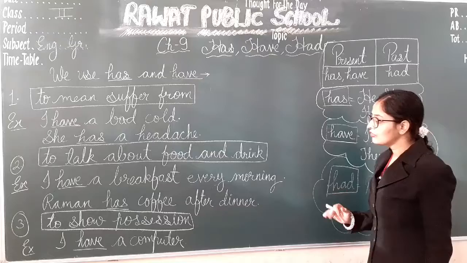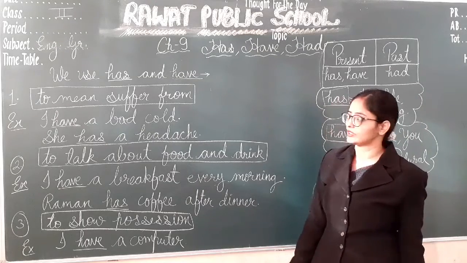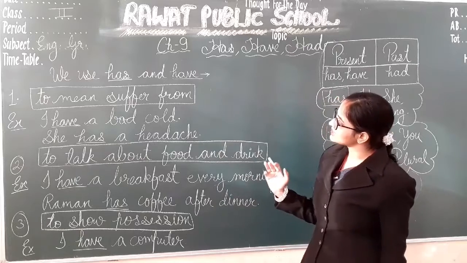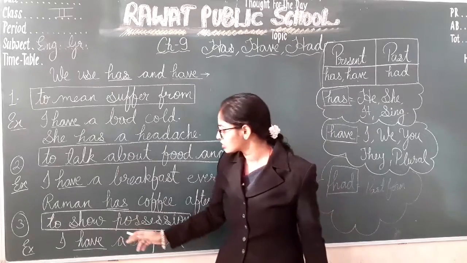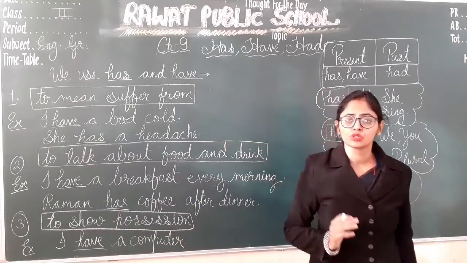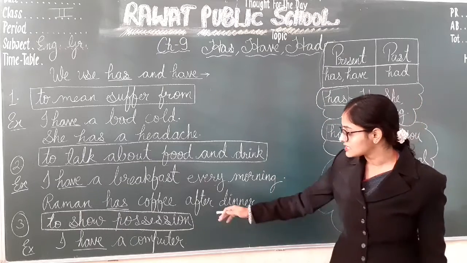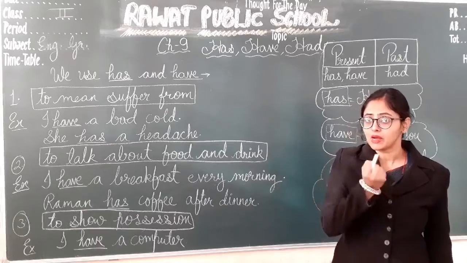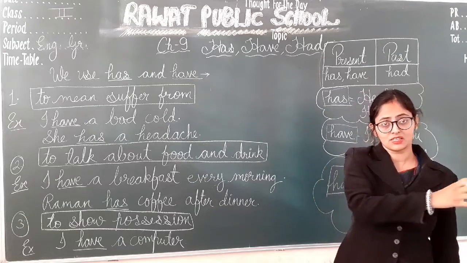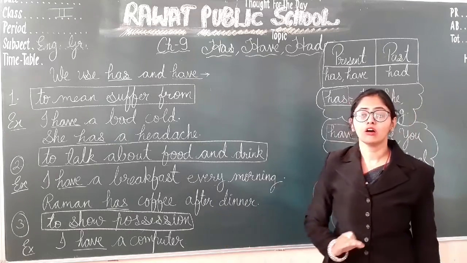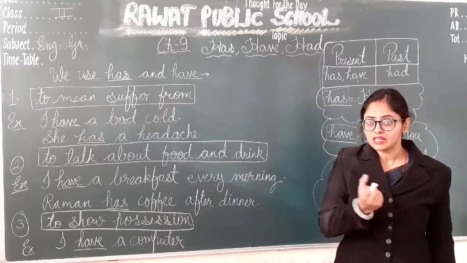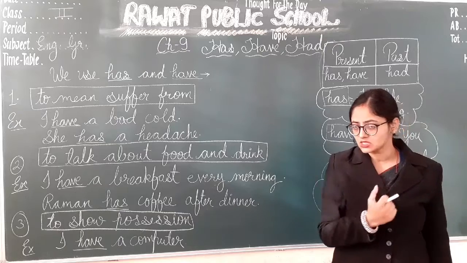Understand? Now we will see the third point, that where you can use has or have. We use has and have to show possession. To show possession. Possession means to own things. जब आप ये बताना चाहते हैं कि ये चीज मेरे पास है, उसके पास है, means possession, or we say own things. चीज अब बताना ये मेरा है, ये उसका है, that is a possession.